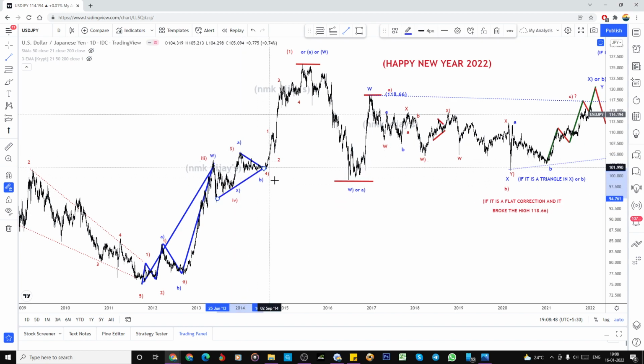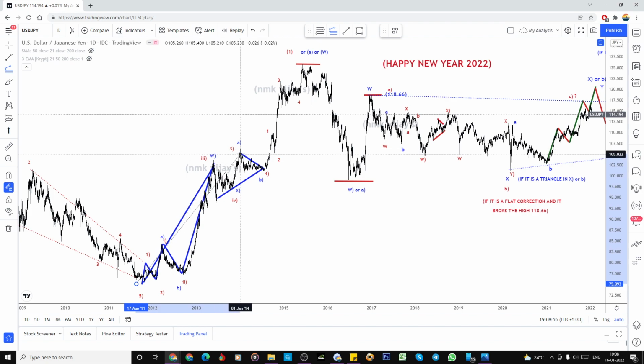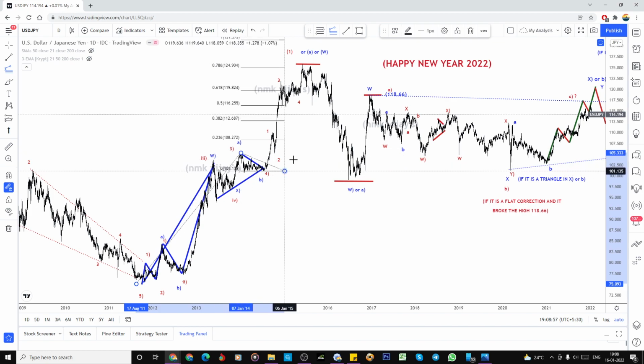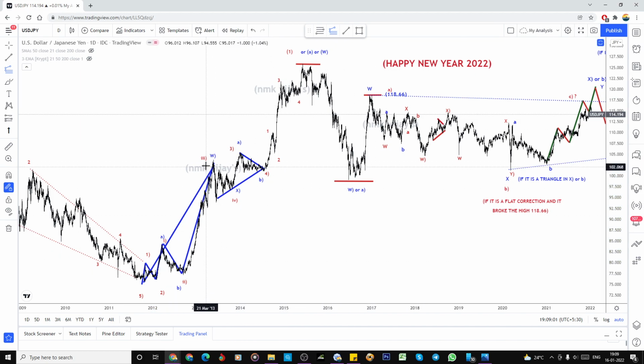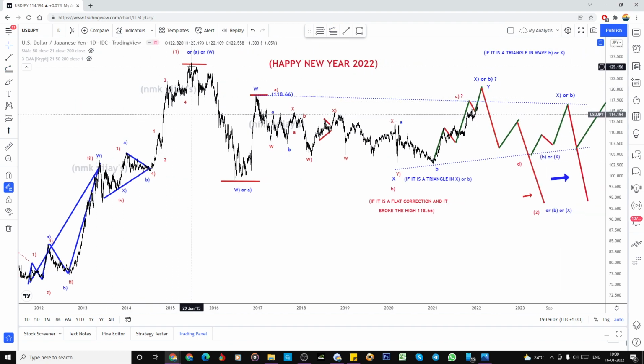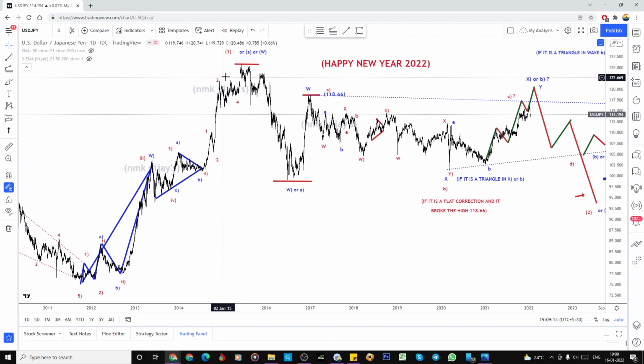So this is A, this is the B, 1, 2, 3, 4, 5, and this is the equivalent of that A wave. So this is called a zigzag. Perfectly 78.6. So one ABC has been completed. So whether it could be A or it could be W, I'm not sure about making this a 1. So we need to remove this.